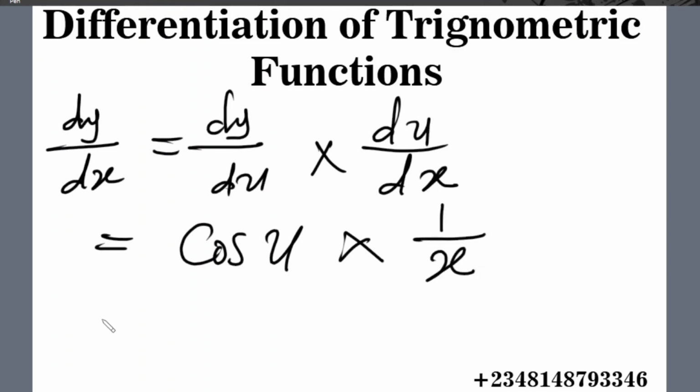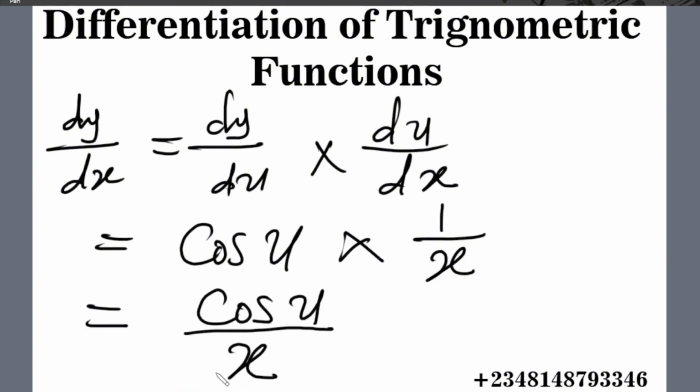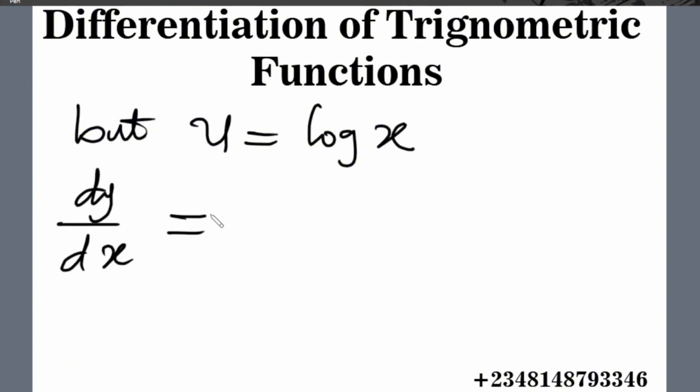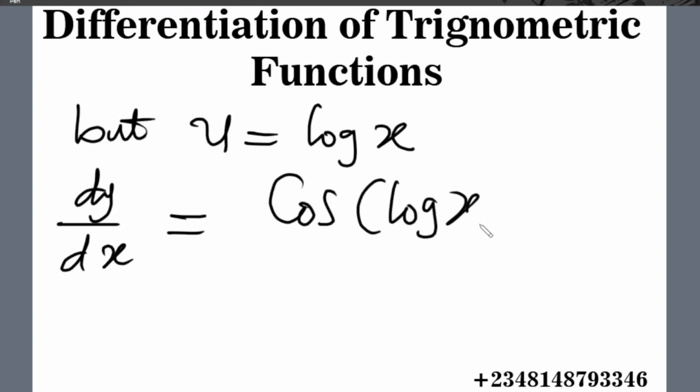Multiplying through, it gives cos u over x. But u equals log x. Therefore, let's substitute the value of u into the equation. dy over dx equals cos log x over x.